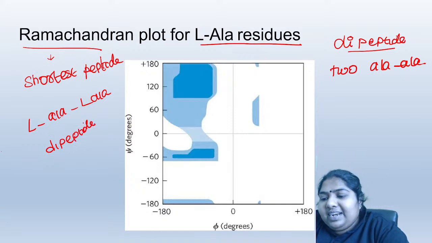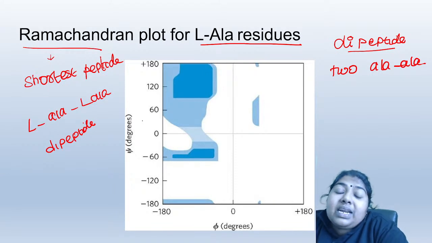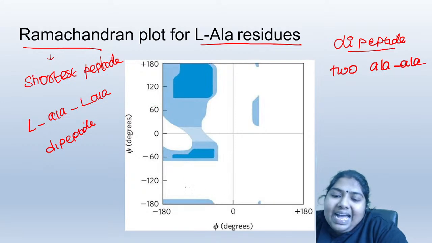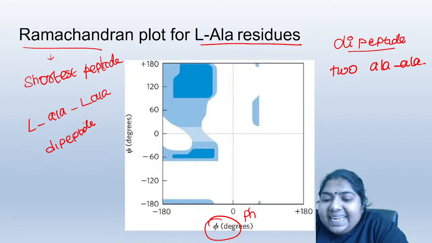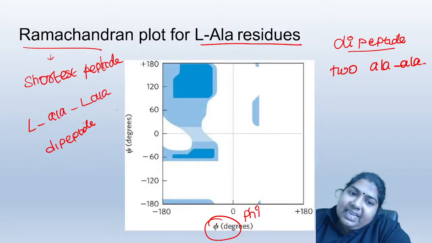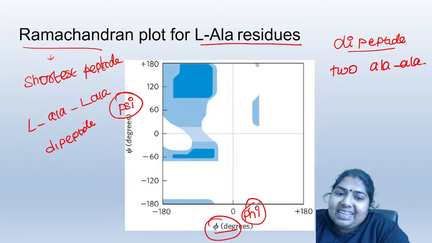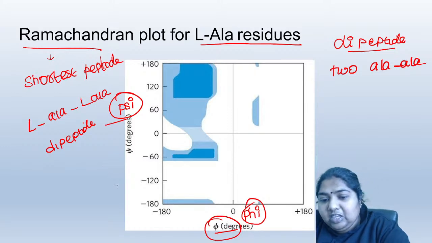Right? Okay, fantastic. So now if you see this Ramachandran plot, you can see that the graph is made between two angles. One is the phi angle, and the other one is the psi angle. Got it? So who is on the x-axis?